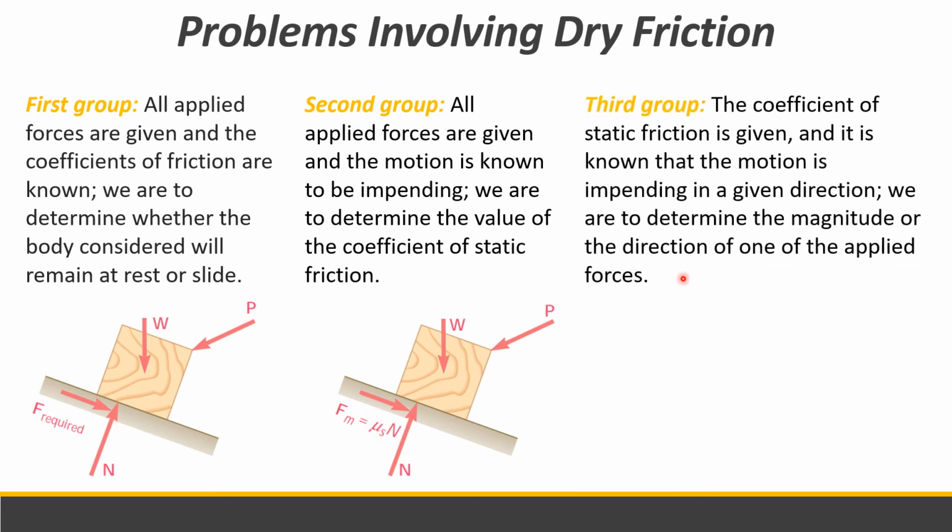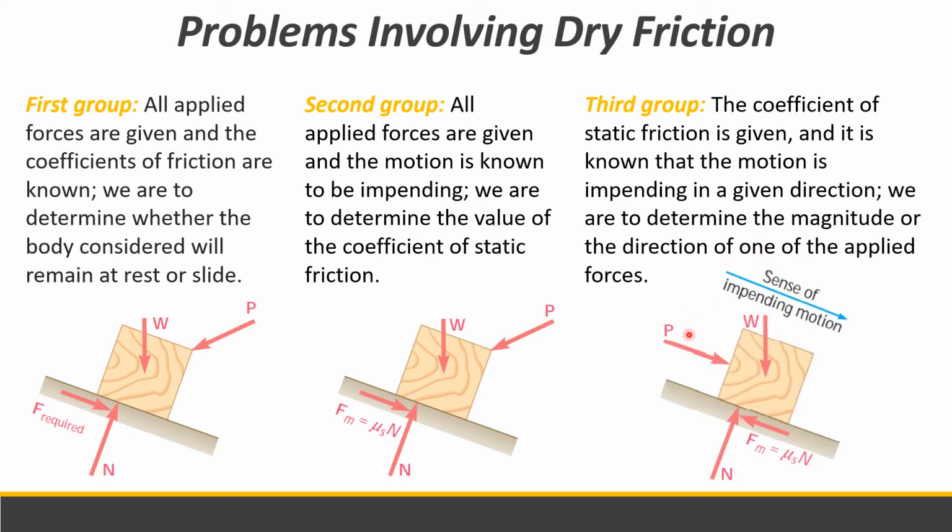Now, for the last group, the third group, the coefficient of static friction is given and it is known that the motion is impending in a given direction. So we are to determine the magnitude or direction of one of the applied forces. We are given the value of the coefficient of friction, meaning you can solve for the Fm.